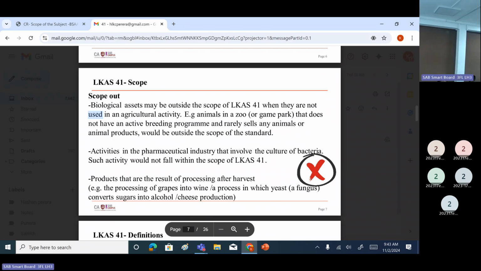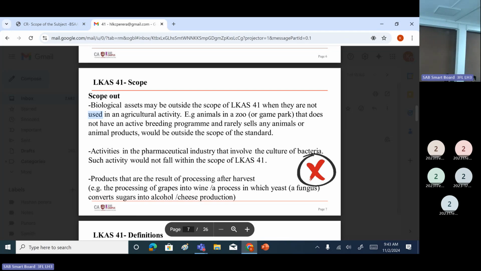Products that are the results of processing after harvest. That's obvious. Whatever products we get from the harvest, definitely it's an inventory. After changing, after adding value to those products, you can't consider that as agricultural produce. Through grapes, you are getting grape wine. That wine you can't consider as agricultural produce. From milk, you are getting cheese or yogurt.